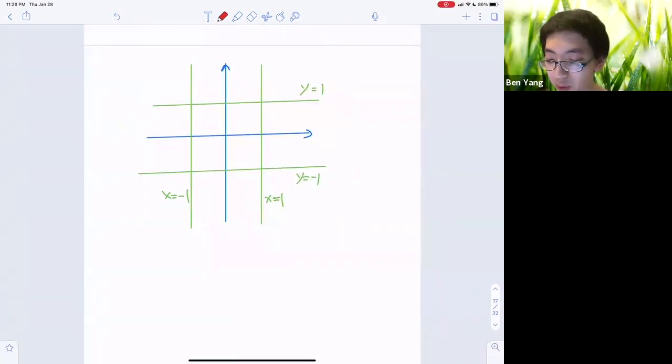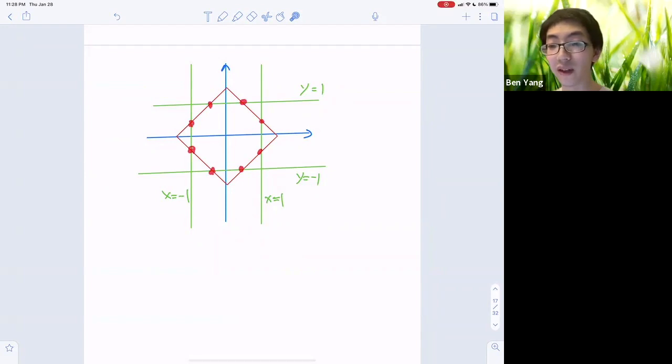All right, so I'm gonna draw a square like that. This one looks good, right? We have the 8 intersection points, those 8 points. They look like the 8 vertices of a regular octagon.